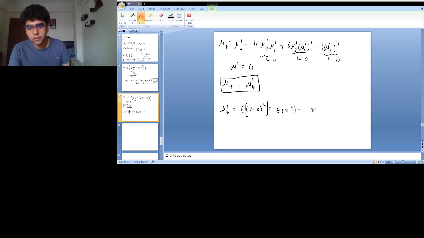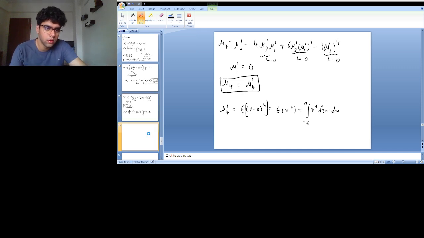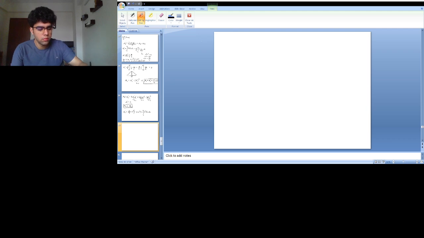So this is the integral of x to the power 4 f(x) dx from minus a to a. Let me just move to the next slide, it will be clearer.